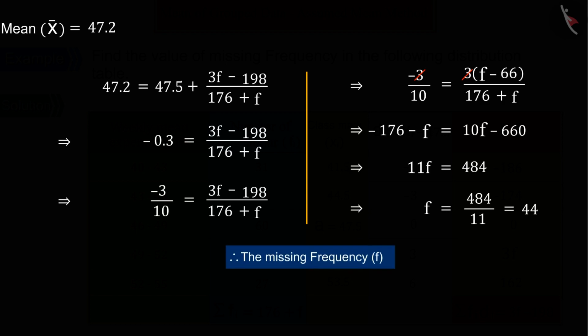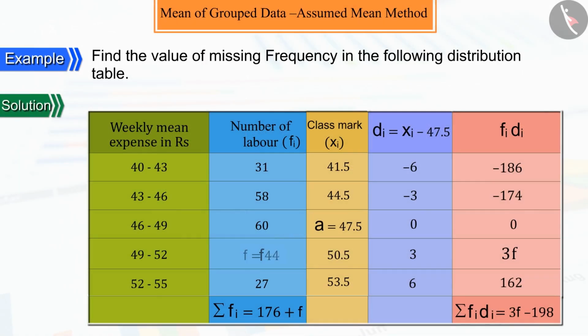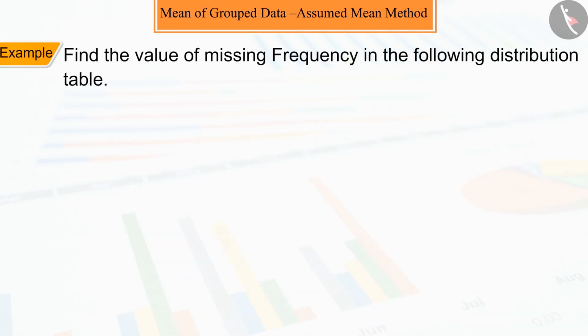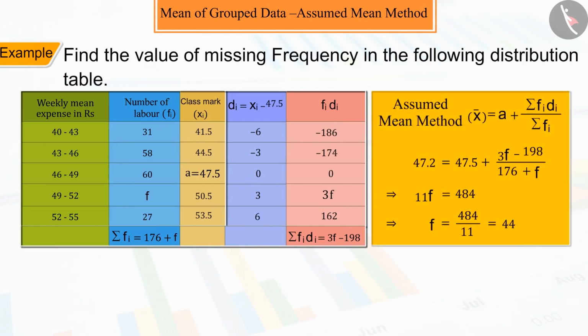Therefore, the value of the missing frequency is 44. Today in this video, we saw an interesting example based on the assumed mean method. In the next video, we will see one more interesting example based on it.